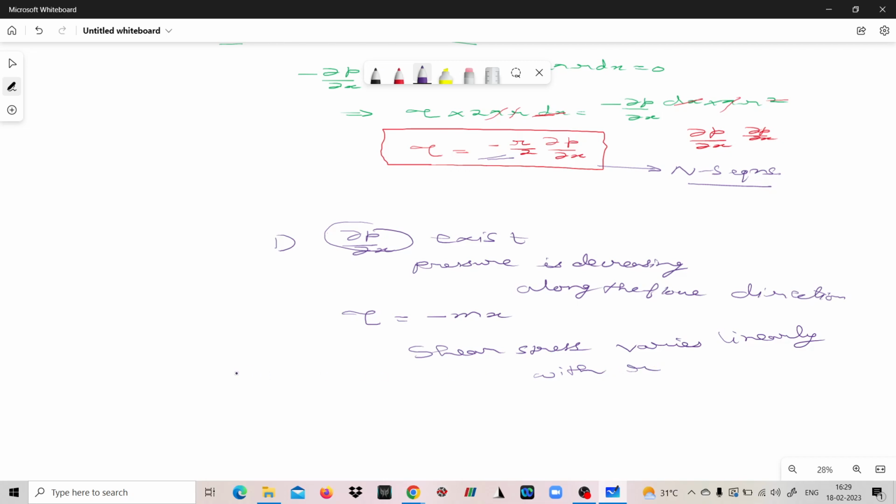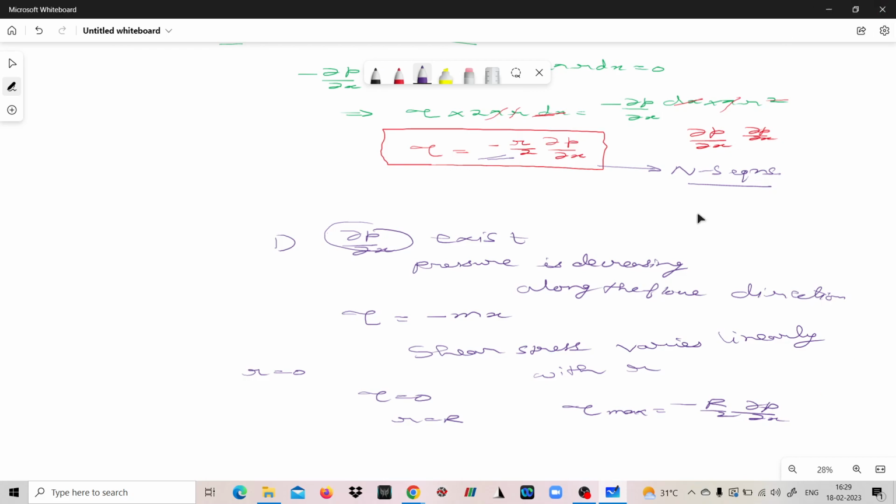At the pipe center the value of r is equal to 0, so shear stress is 0. At the pipe wall the value of r is equal to R, so shear stress is maximum, so tau max will be minus of R by 2 del P by del X.